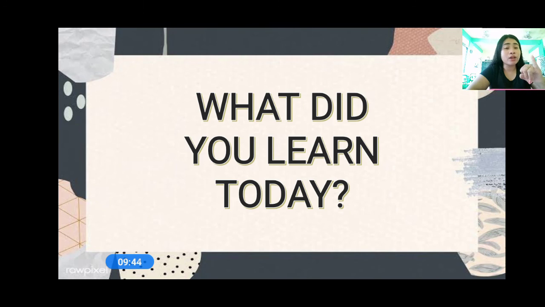Proper fractions are fractions where the numerator is smaller than the denominator, while in improper fractions, the numerator is bigger than the denominator. And the mixed fraction or mixed number is made up of or composed of a whole number and a proper fraction. Now, if you really did understand the lesson, let us proceed to your practice exercise.